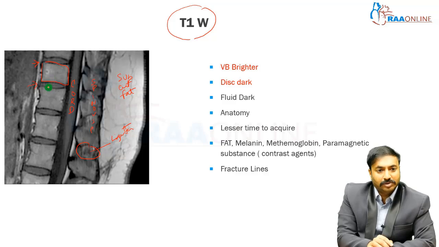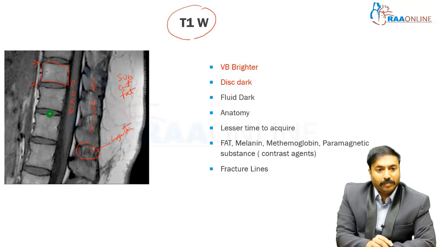It is not that bright, but it contains hematopoietic elements, so it is brighter than the disc. Disc contains only fluid, nucleus pulposus. So this equation, that the body is brighter than the disc, should be noted in T1 weighted images. What if this reverses? Then you can identify pathologies on T1 weighted images.